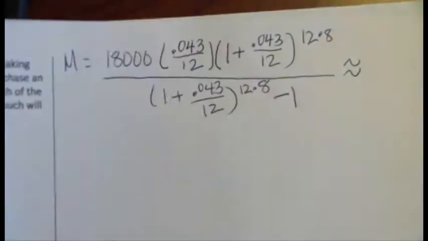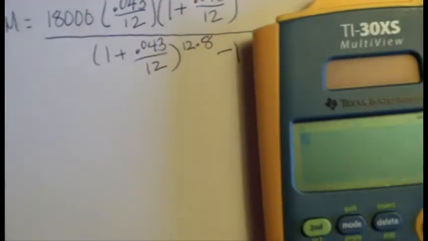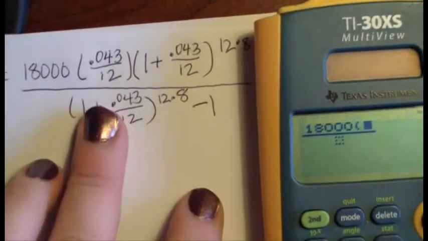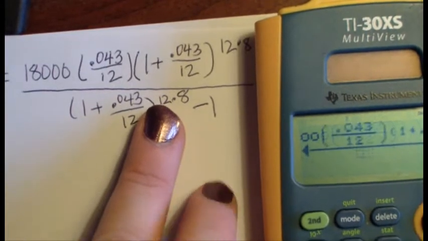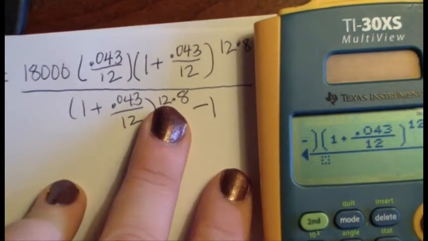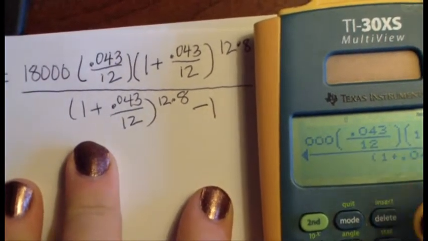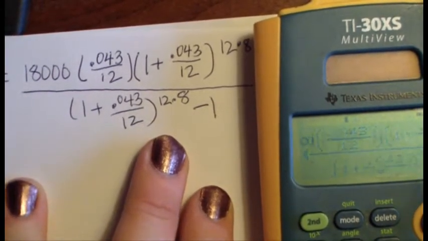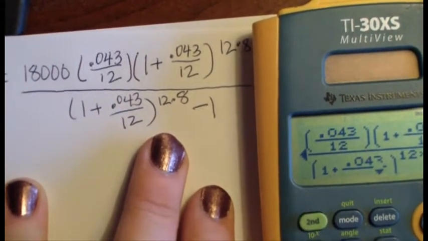Alright, so let's plug that into our calculator. So we've got 18,000, 0.043 over 12, 1 plus 0.043 over 12 to the 12 times 8, and then 1 plus 0.043 over 12 to the 12 times 8 power, 12 times 8 minus 1.